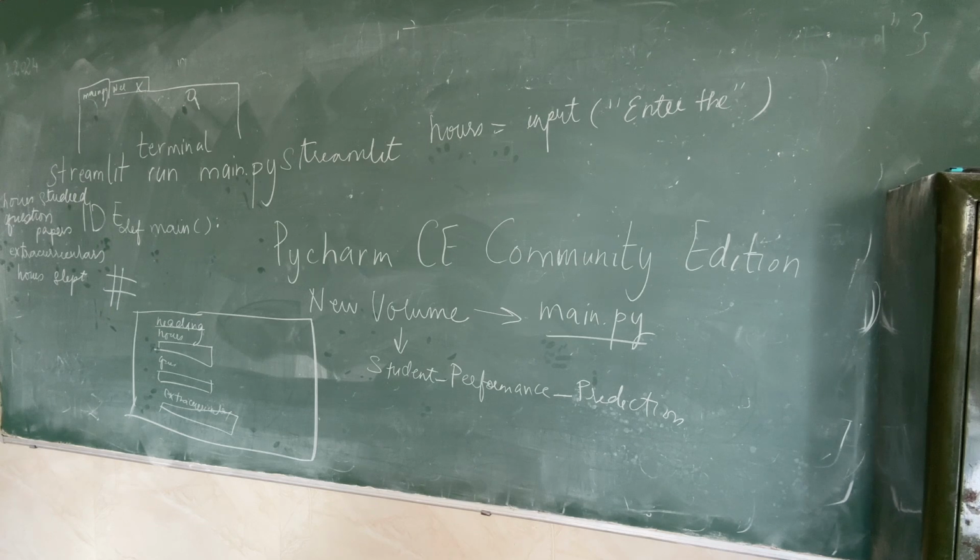This function is empty right now, but you have to use model.predict like this. This is my function, so you just focus on this line. My prediction is model.predict of whatever my inputs are. It'll store that in prediction.